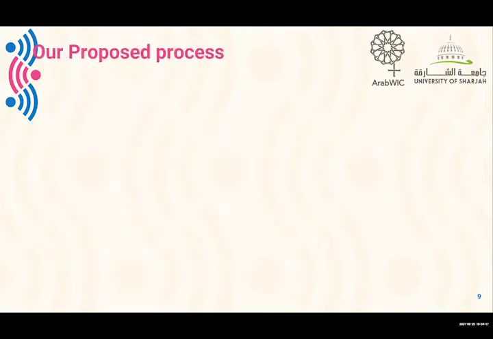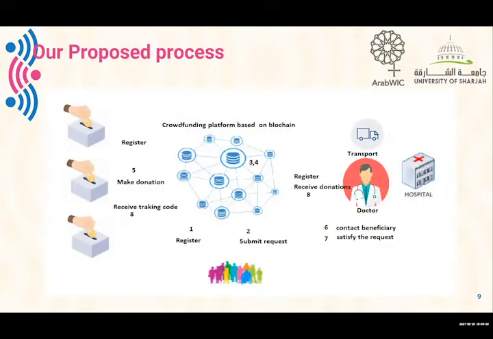This next slide here has an image. It's an example that will explain this solution. First, as you can see, the beneficiary will register in our platform. Then he will submit his requests. In the blockchain system, we have two actions.